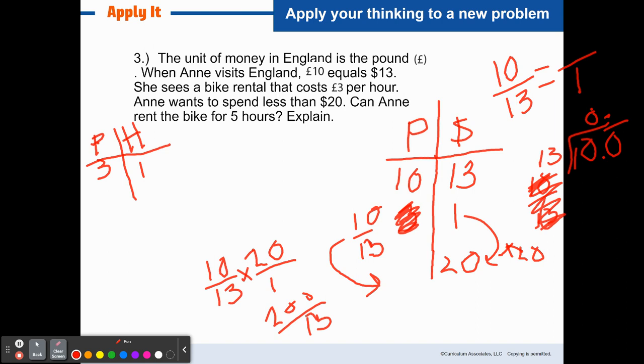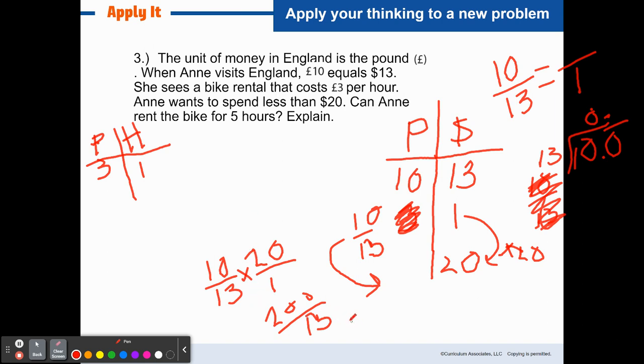If you did that, you're going to get another big long decimal number, right?